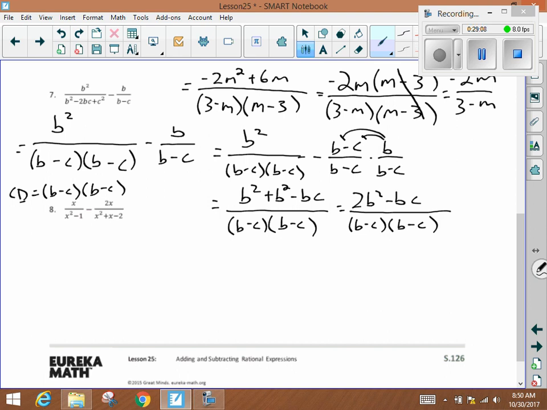I'm not sure if it's going to be helpful. Just the c is negative. So it's b times positive b, which is positive b squared, and then positive b times negative c, which is negative bc.